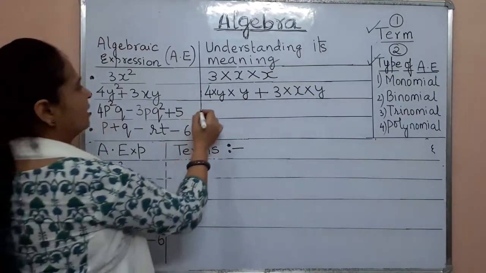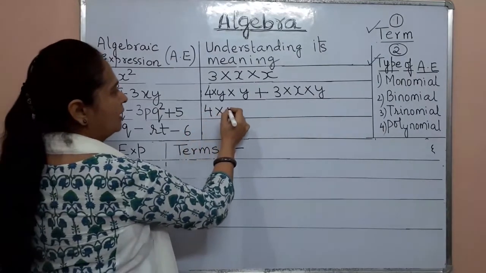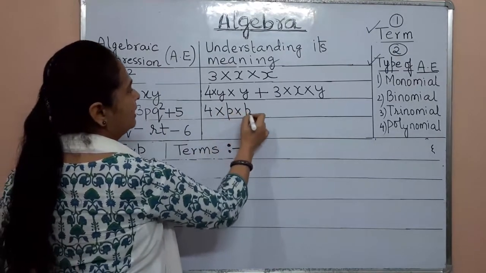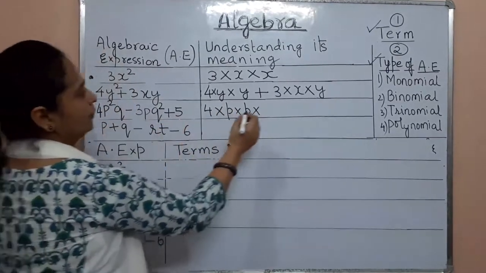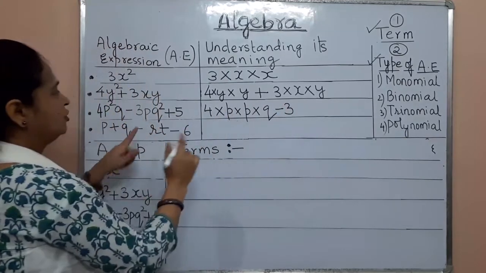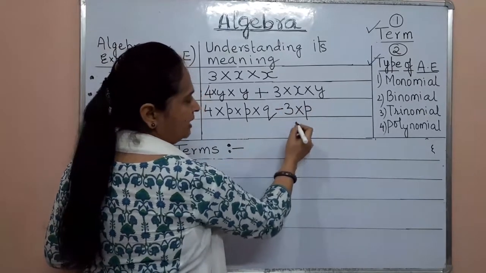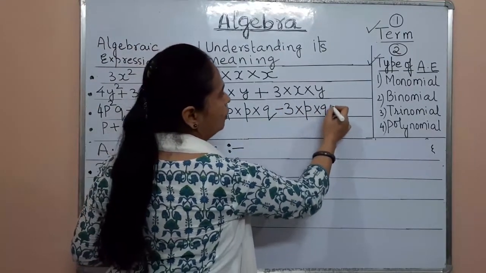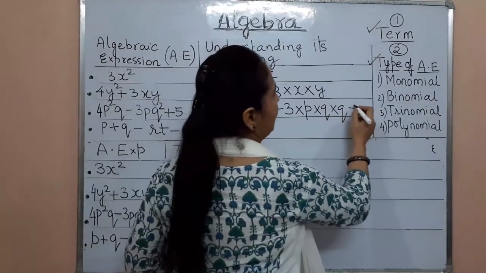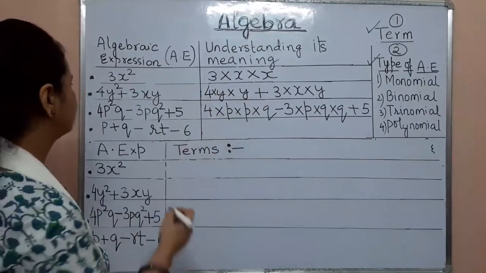If we see the third one, we know 4 into p square, to the power 2, means it is p into q. Then we have minus 3 into 3pq square, 3 into p into q, plus this last one is 5, which is as it is.